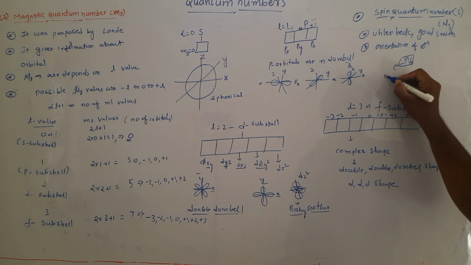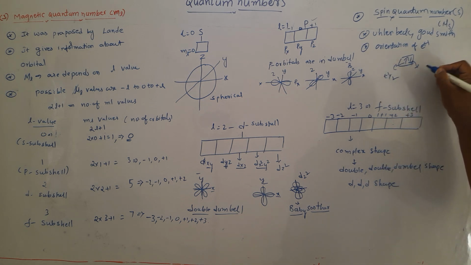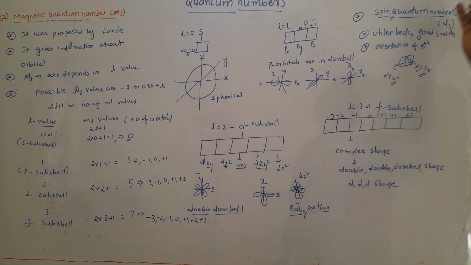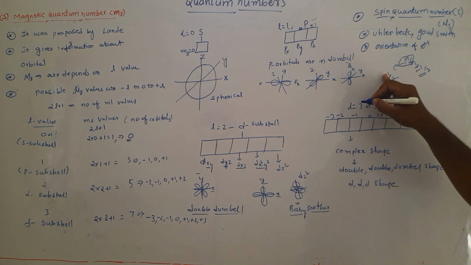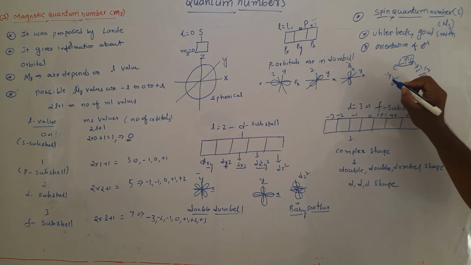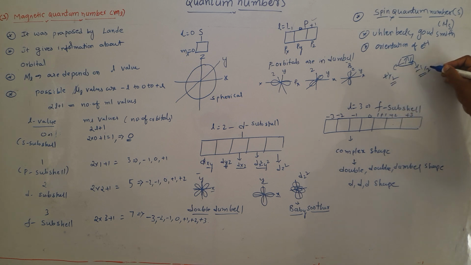Upward direction means plus half, downward direction means minus half. Only two spin quantum numbers are possible for electrons, plus half and minus half.